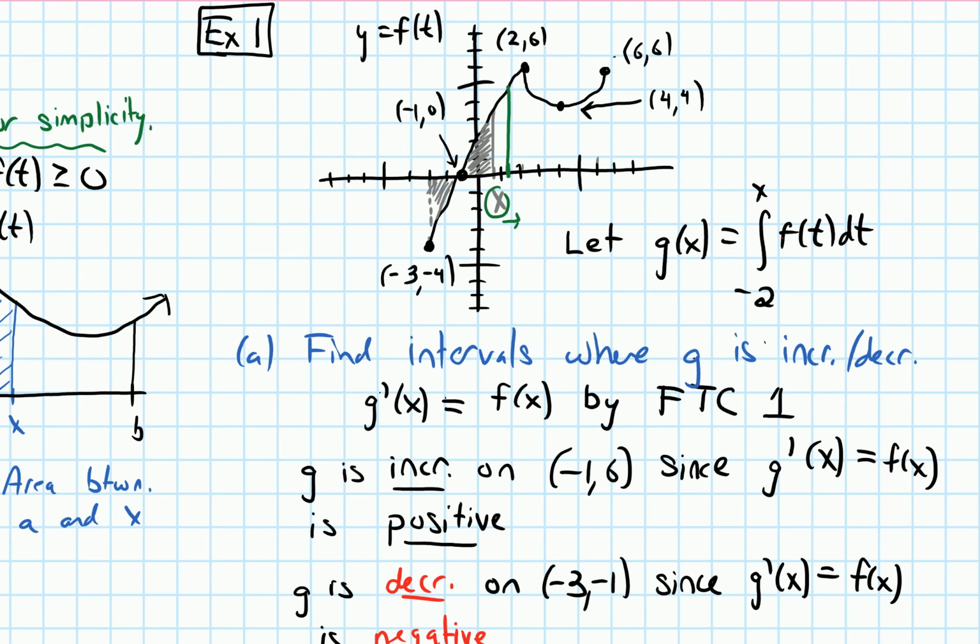Well, I've added some positive area. We've added all of this. We've added some positive area that made the area function increase and get bigger. So that's going to happen when x is at a point where the function is above the x-axis, because I'm adding a positive area like we did here.